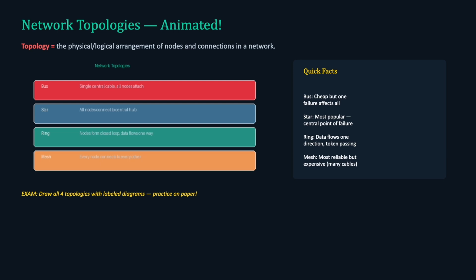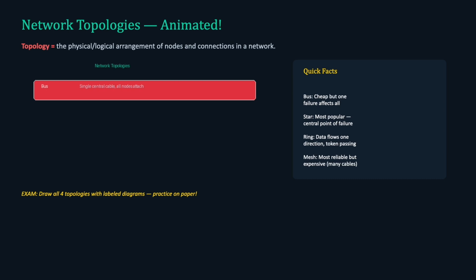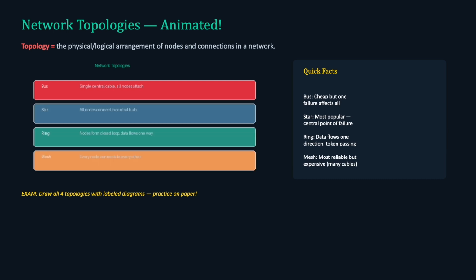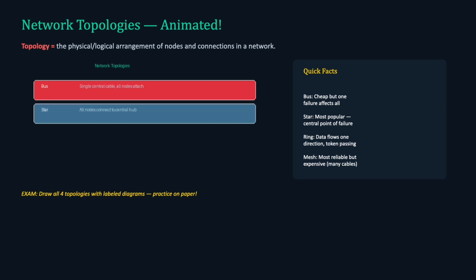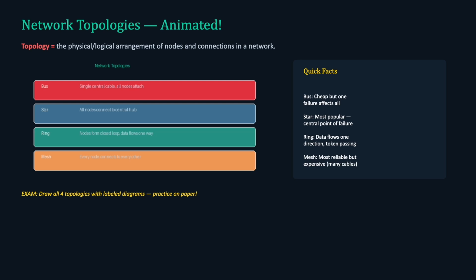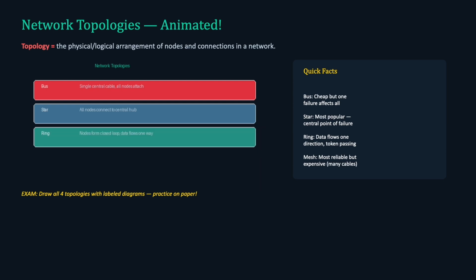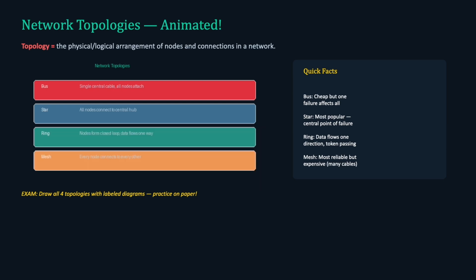Star topology connects all nodes to a central hub. Most popular, easy to troubleshoot. Ring topology forms a closed loop where data flows in one direction using token passing. Mesh topology connects every node to every other node. Most reliable but most expensive.